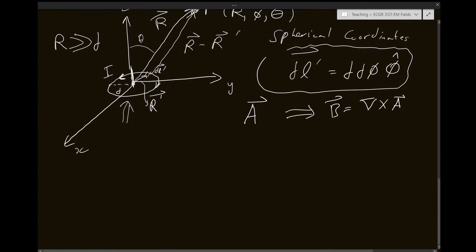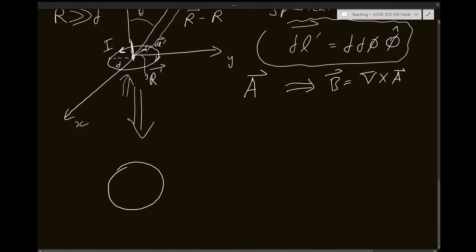Okay, let's look at this loop head on. This is the loop, and this is my point. This is where phi prime equals 0, and this is where phi equals pi over 2.